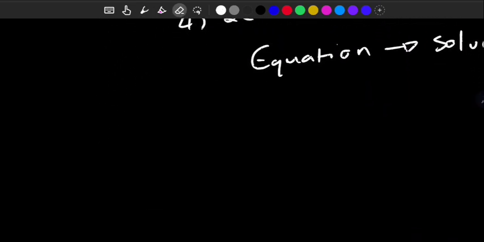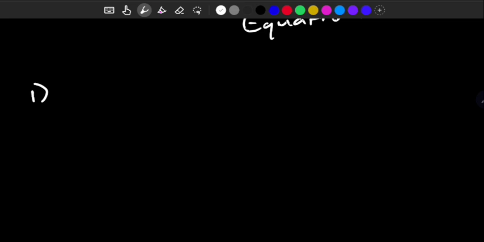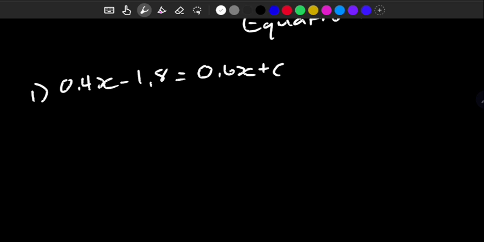For the first one, we have 0.4x minus 1.8 is equal to 0.6x plus 0.3, right?